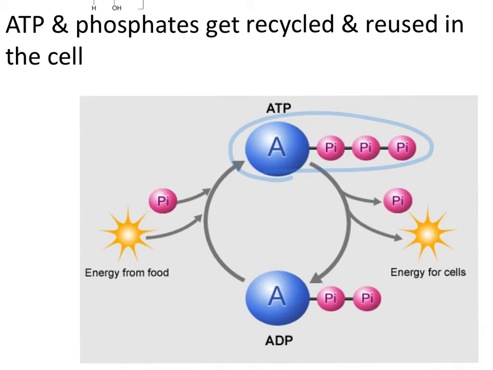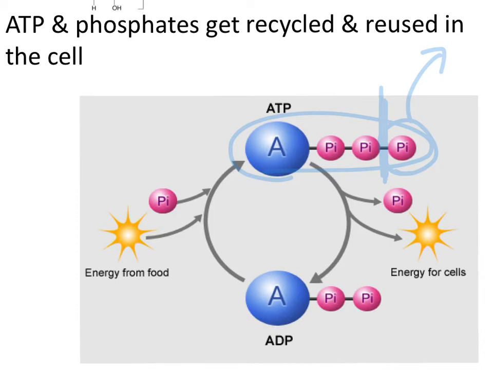The cell will then store that ATP for when it needs that energy. When the cell needs that energy, a phosphate bond gets broken and that phosphate molecule gets attached to another molecule in the cell. Generally, it's getting attached to a protein.